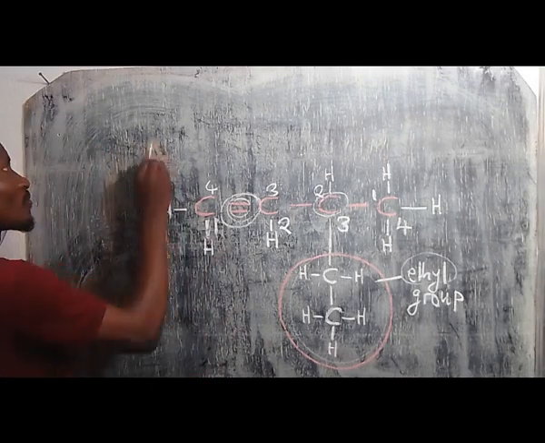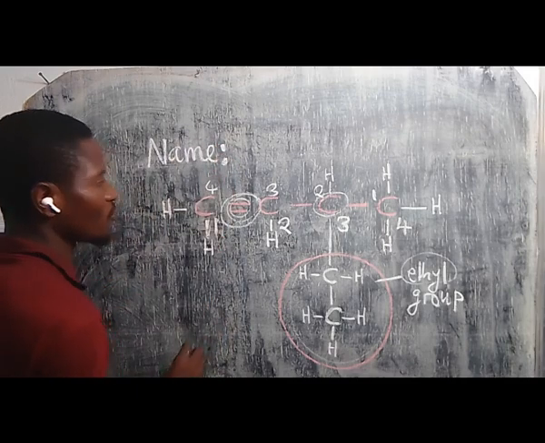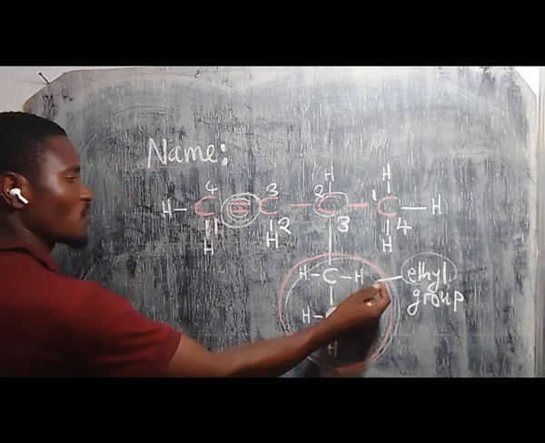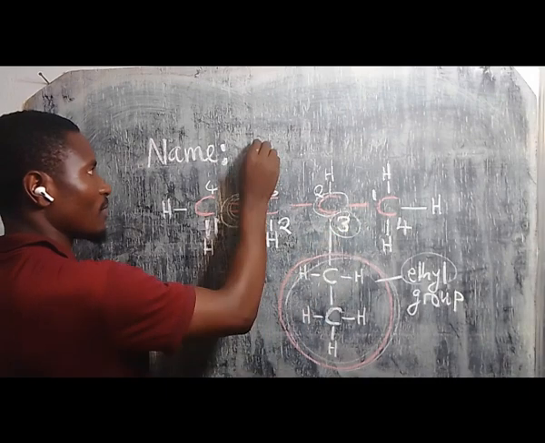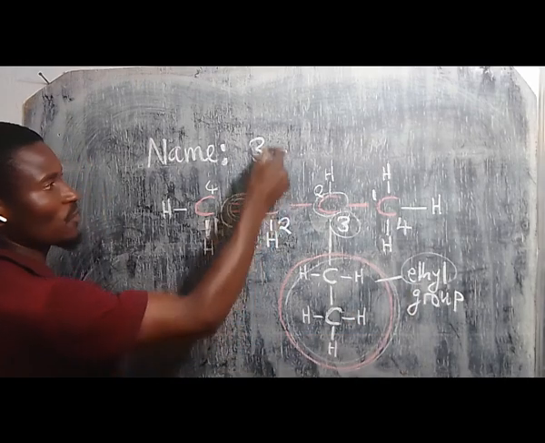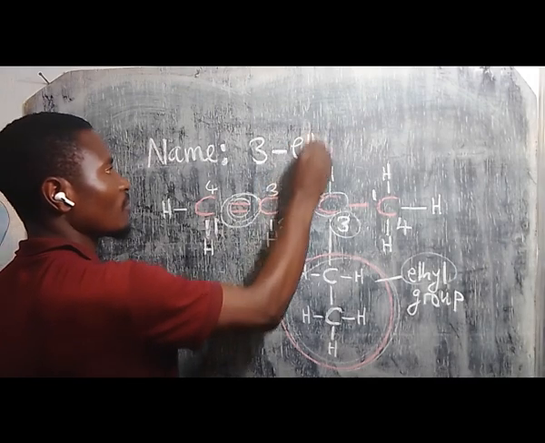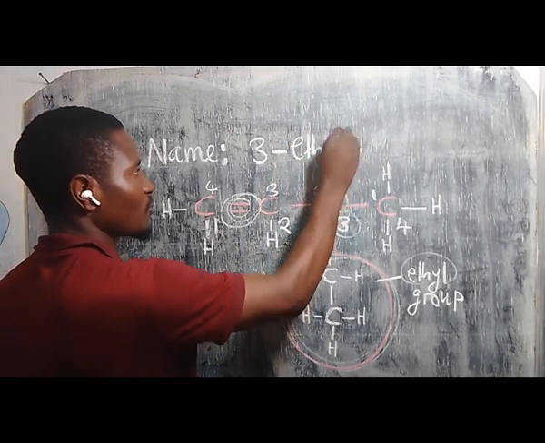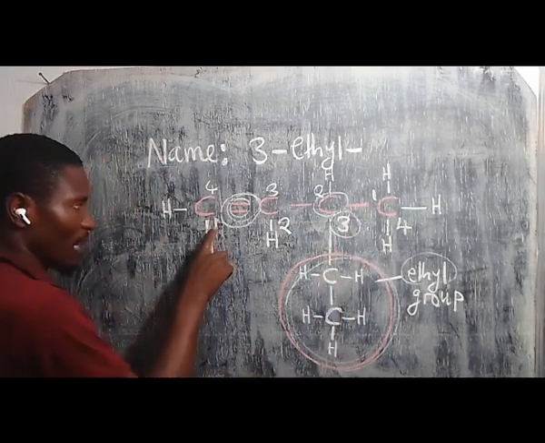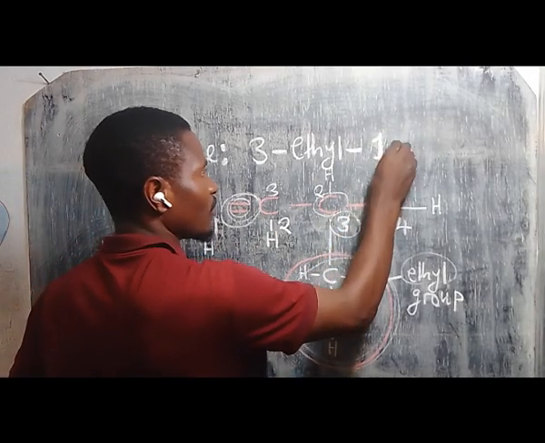So the name is going to be, you start with the ethyl group. You say carbon number 3, meaning this ethyl group is branching off from the normal hydrocarbon at carbon number 3. So 3-ethyl, dash. And then you come to the part where the double bond is occurring, at carbon number 1, dash.